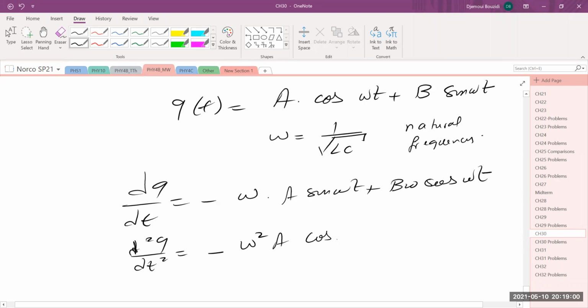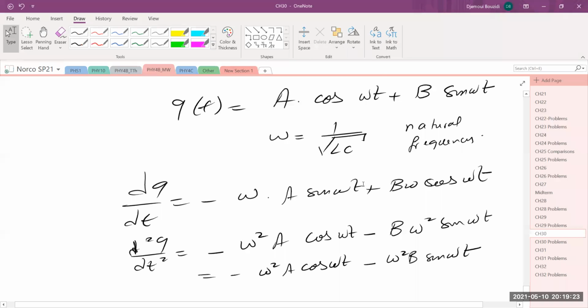And in here, the sine becomes a cosine, and in here, the cosine is a negative. B times omega squared, again, because I have to pull another omega, and the cosine becomes a sine. And this is minus omega squared times a cosine of omega t minus omega squared b sine of omega t.